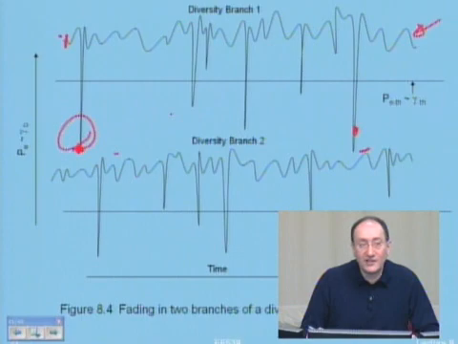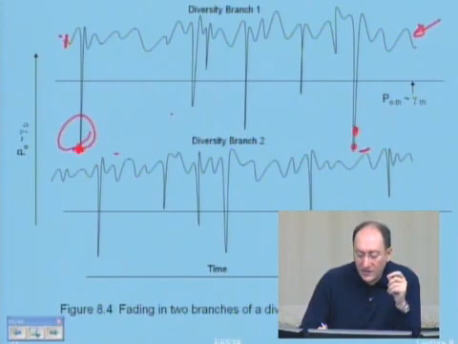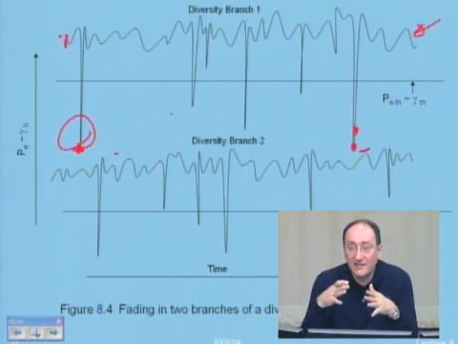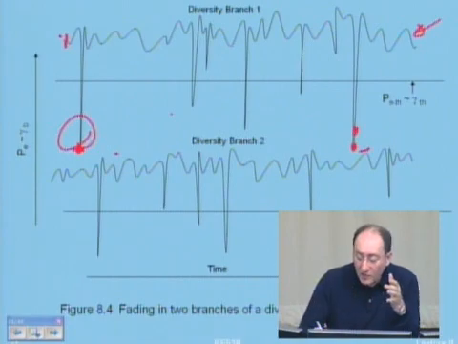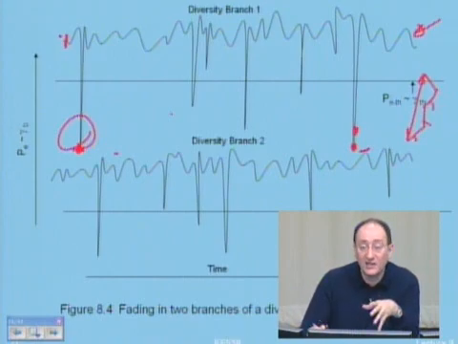If I have one antenna, what is causing these fades? Changes in the phase of different paths. I have a bunch of paths adding together, and sometimes they add up, sometimes they go against one another, when their phases are aligned against one another.